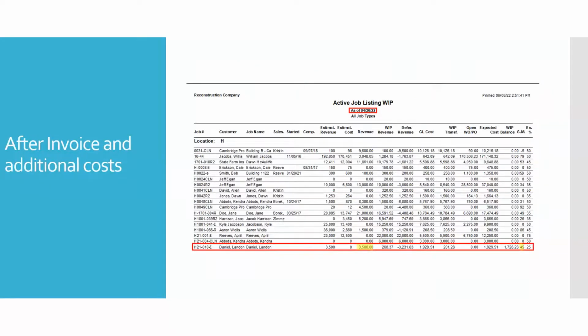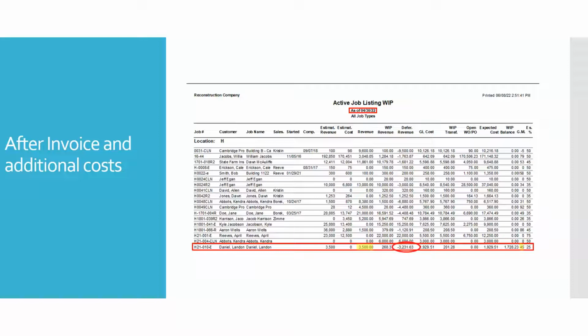Here is our WIP report after we have invoiced in the month of April. Reviewing from left to right once again, we have our estimated revenue. Estimated cost is 0 because there are no work orders entered. And now since we've invoiced our job, we have a $3,500 invoice. We have our previously recognized revenue.